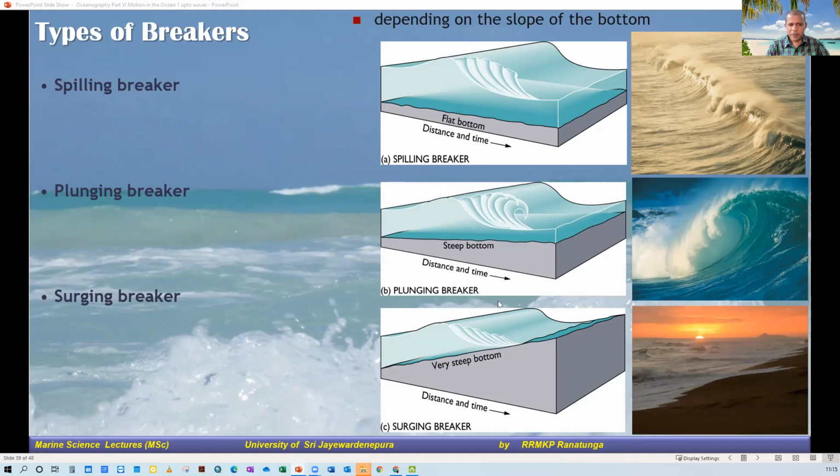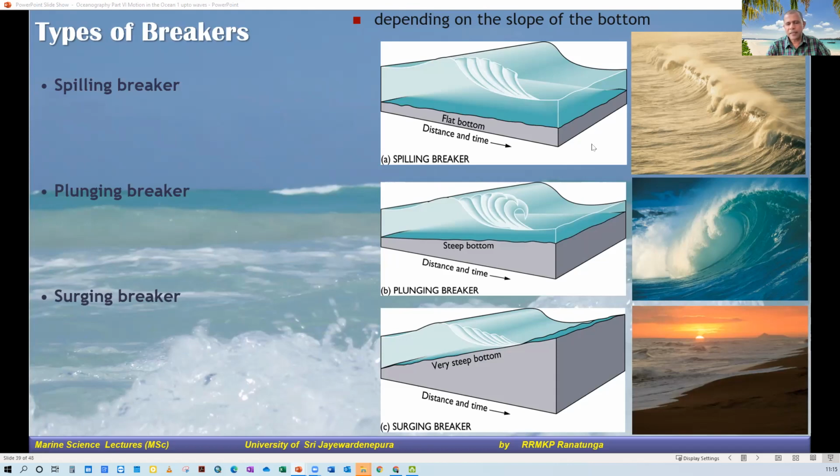And the third type is called the surging breaker, something like this. Looks very calm. Right. Now, what are these differences in breakers? So far we know that the wave speed and the wave height all depend on the wind speed and the fetch. But other than that, for the breakers, something else is very important.